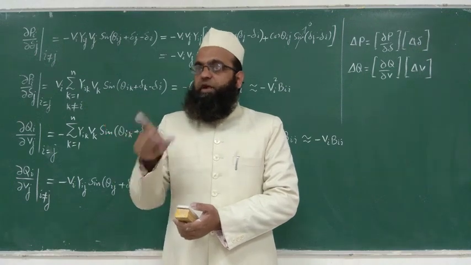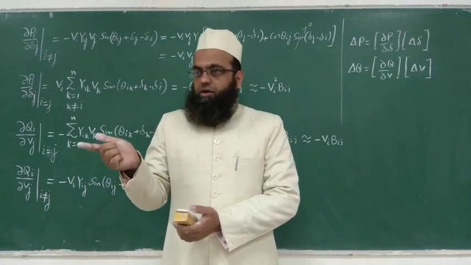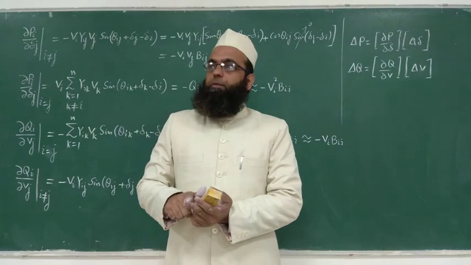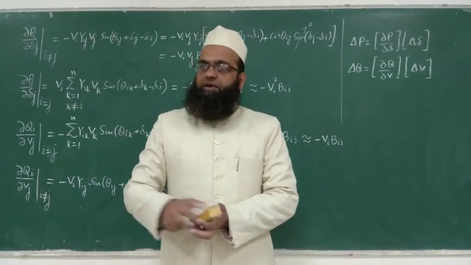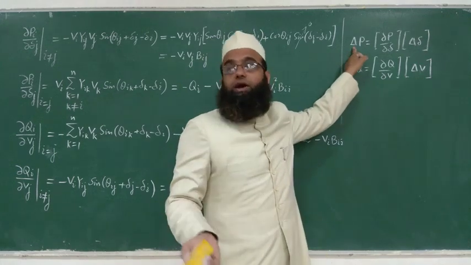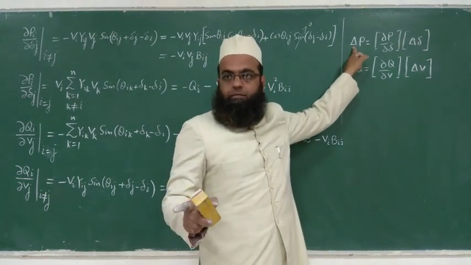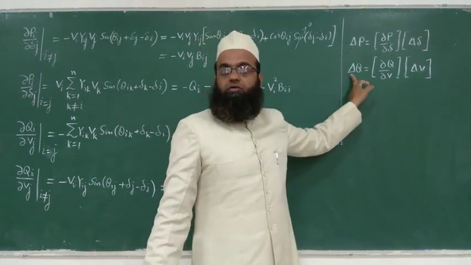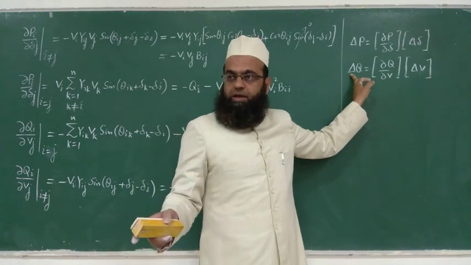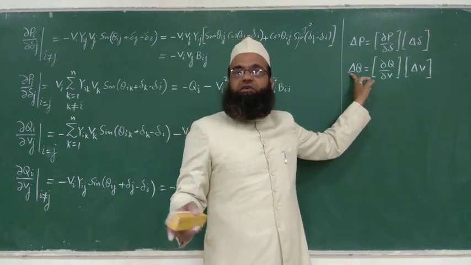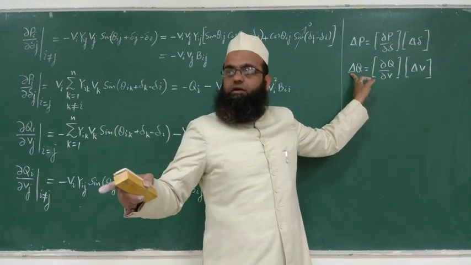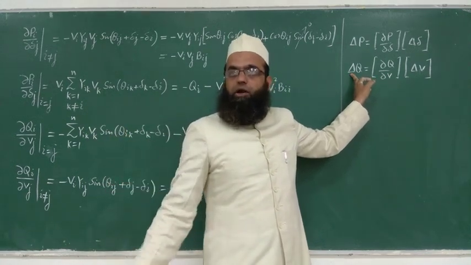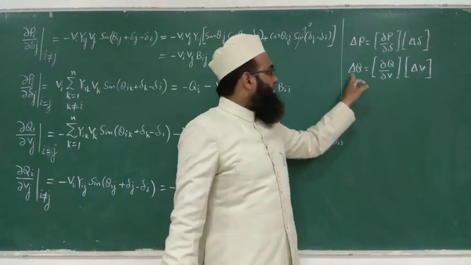P is specified for both PQ and PV buses, so except the slack bus, if the number of buses in the system is n, the dimension will be n minus 1 by 1. What will be the dimension of del Q? This is specified for PQ buses only. Suppose the PQ buses are from 2 to m, the same notation, so that will be m minus 1 by 1, the number of PQ buses by 1.